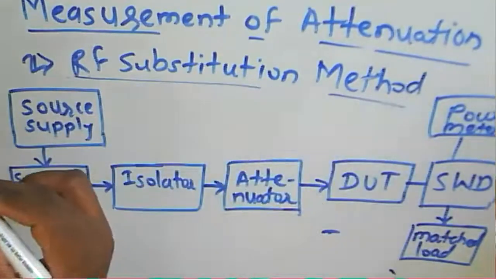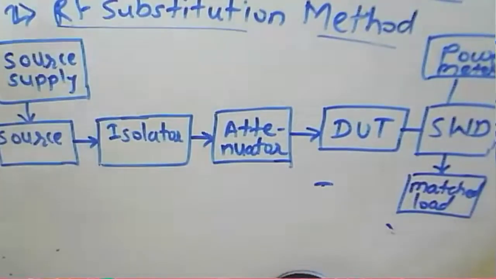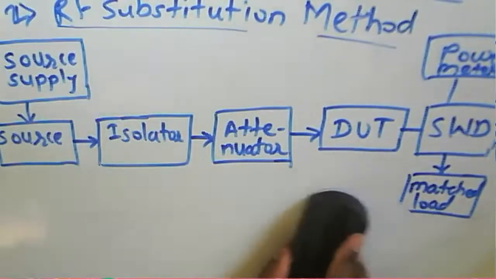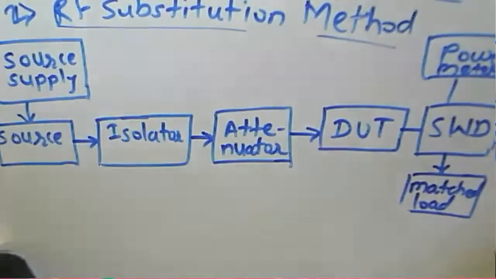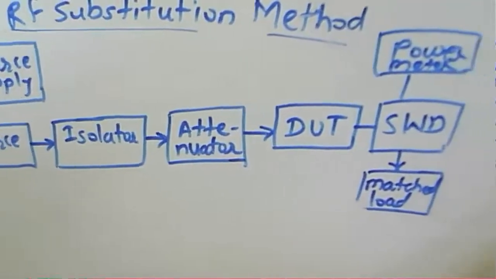Now in the case of the RF substitution method, we are supposed to eliminate whatever inaccuracy occurs in the given device. So that's why the RF substitution method is designed here.